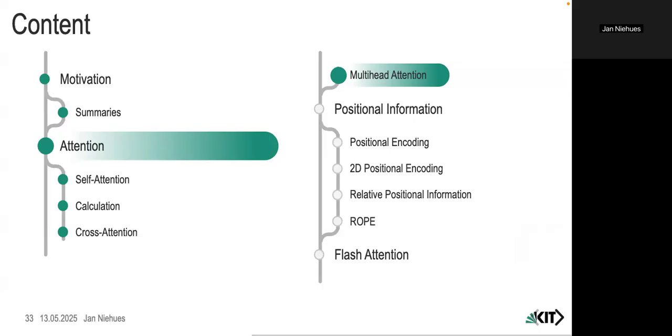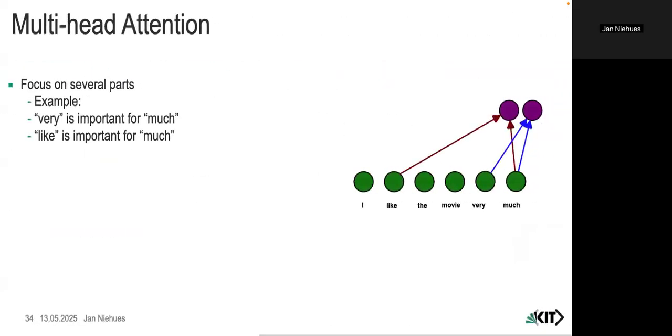Then we can have a look at the next extension, the final one, which is implemented in mainly every current self-attention or transformer-based model, and that is called multi-head attention. The idea is that with a query, you have the opportunity to focus on different parts.